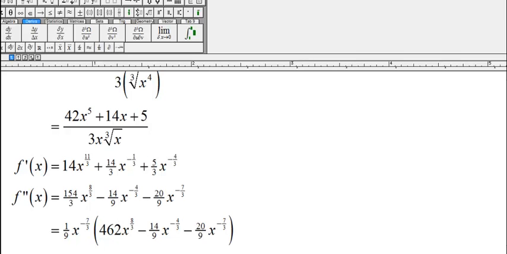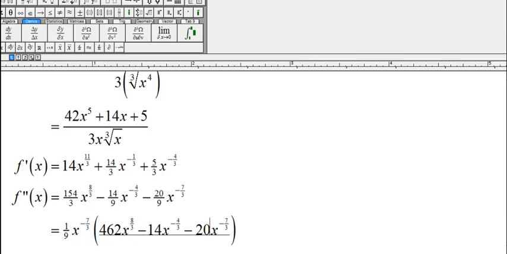The next time the 9 is going to cancel out completely, so this is 14. I'll go ahead and do all the 9s, and then I'll distribute this part too. And the 9 cancels here, so this is just 20. Actually, there's some more things I could have done too. When I'm dividing this by x to the negative 7 thirds, that's the same as multiplying by x to the positive 7 thirds.